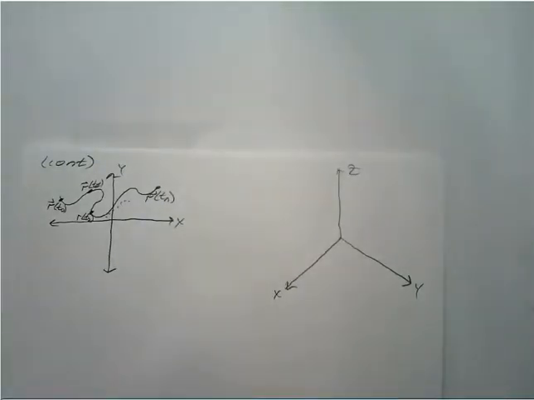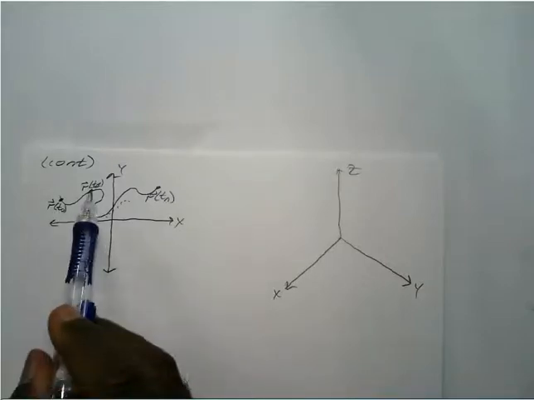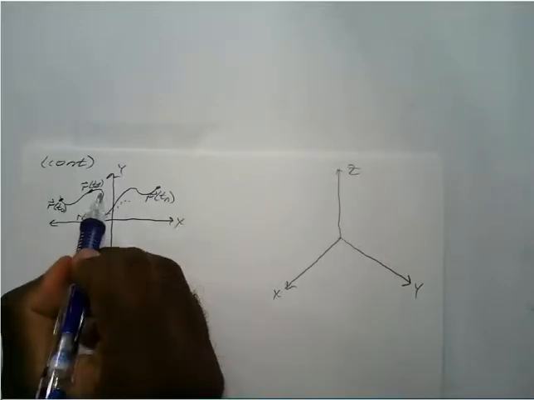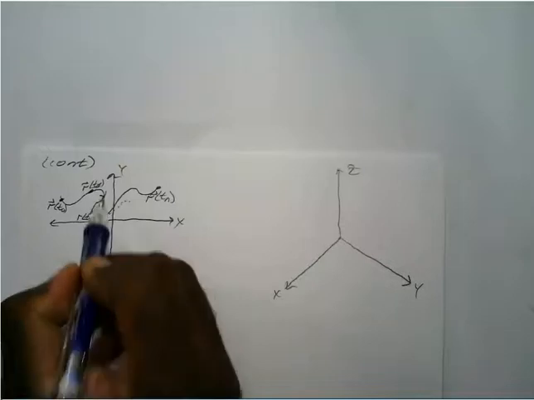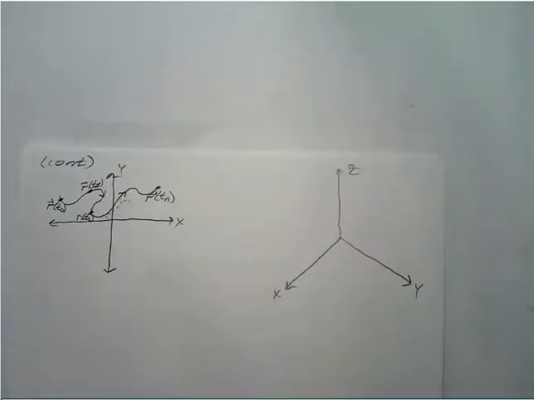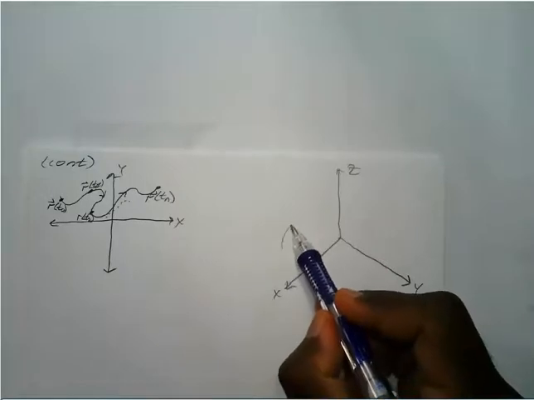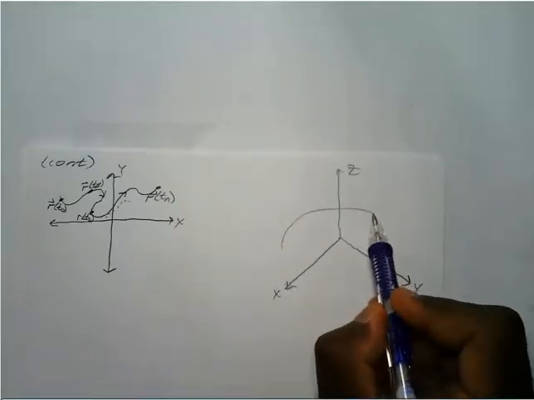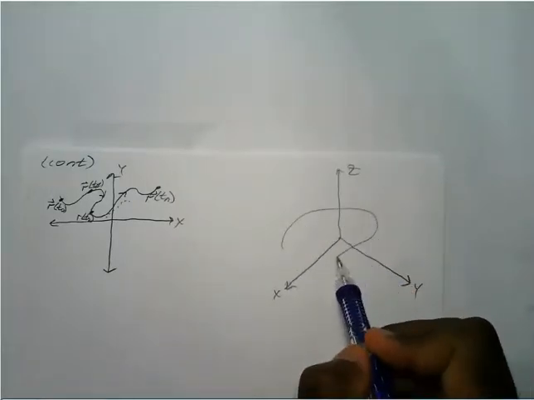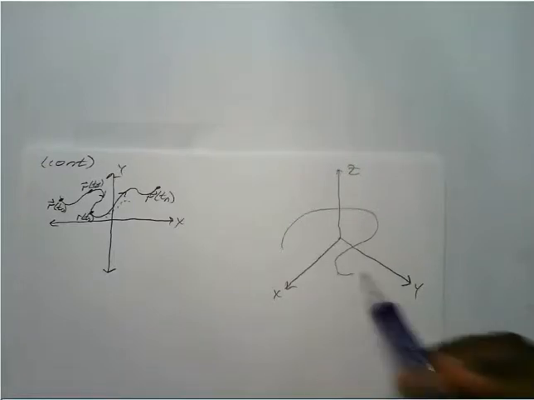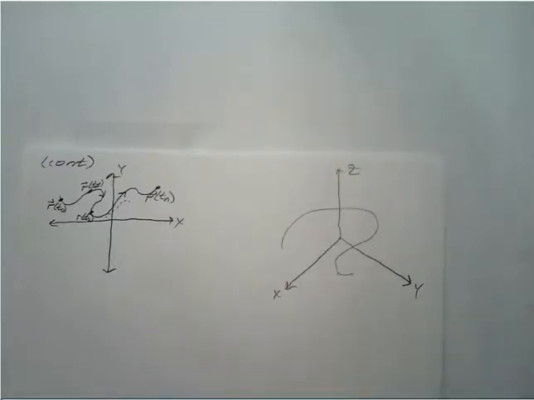So in 3 dimensions, it's pretty much the same thing. We're just going to track it all the way through, and of course this arrow shows the direction where t increases. Let's say we have a curve like this in 3 dimensions.